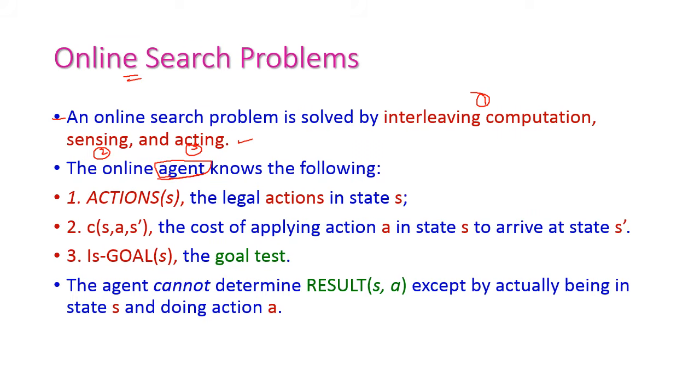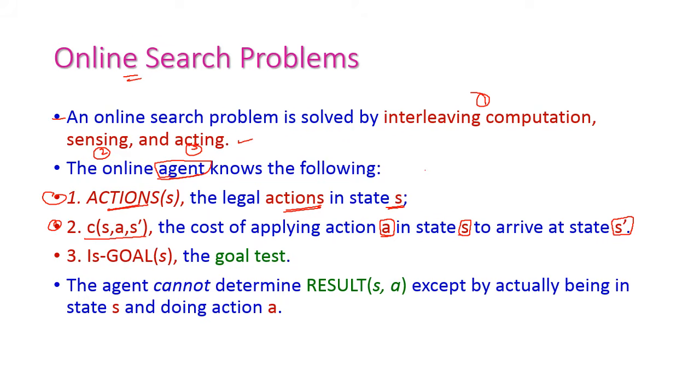First one is the list of actions, actions of S, a list of legal actions in state S. And the second one is the cost of S, A, S dash, that means the cost of applying action A in state S to arrive at state S dash.